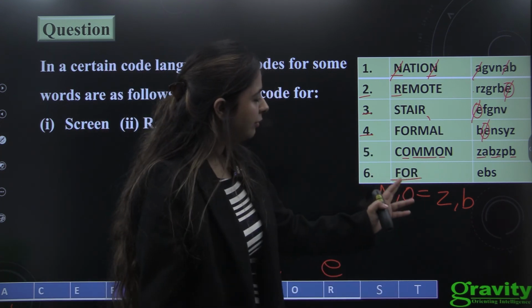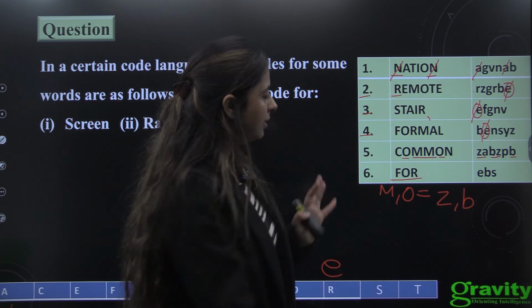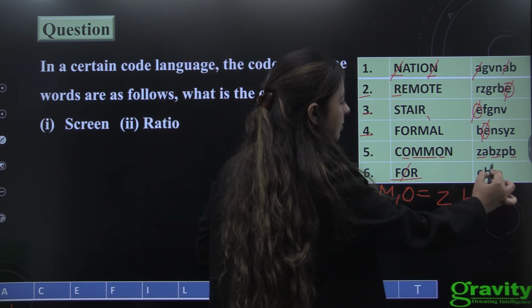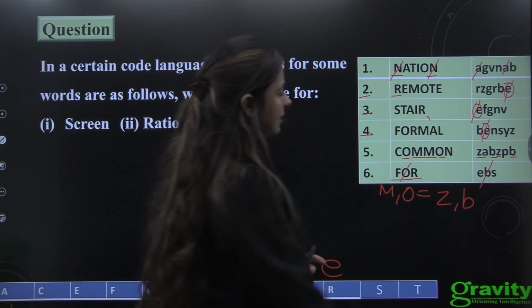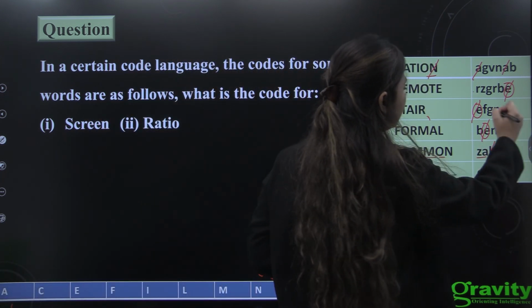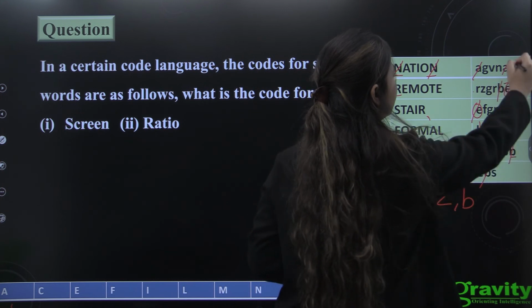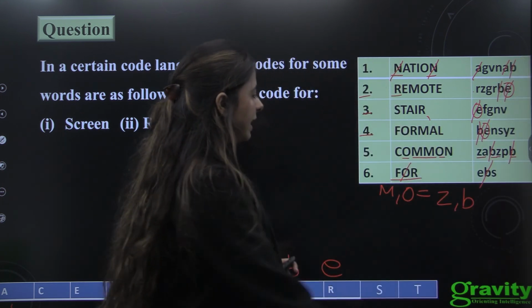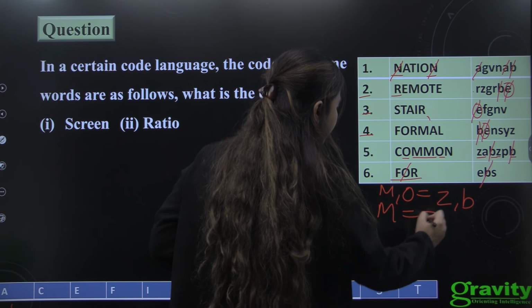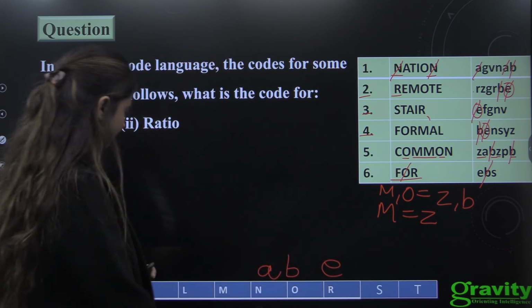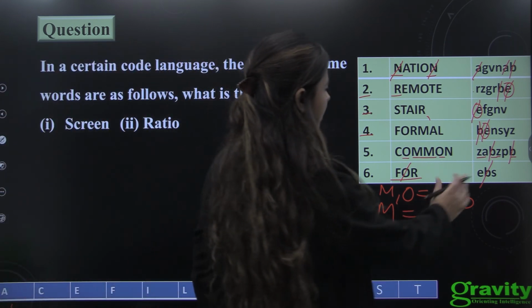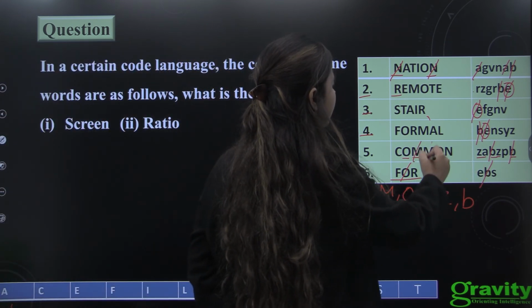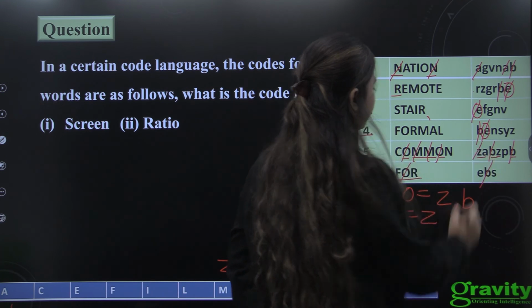Check in the 6th one. We have an O here, no M. So for O, O is B. Correct. Cancelling B. And M is Z then. O is B, M is Z.